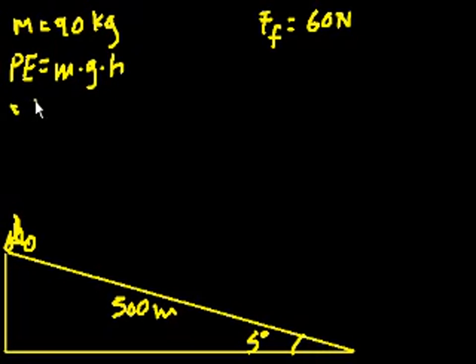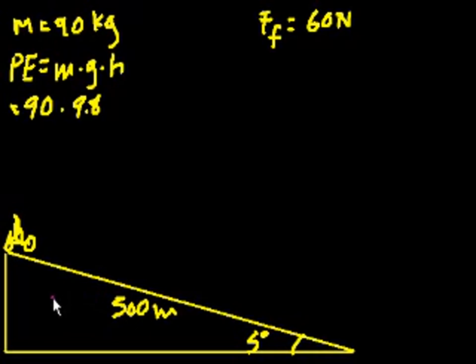Well, that's equal to, the mass is 90. Acceleration of gravity is 9.8 meters per second squared. And then what's the height? Well, here we're going to have to break out a little trigonometry. We need to figure out this side of this triangle, if we consider this whole thing a triangle. We want to figure out the opposite. We know the hypotenuse, and we know this angle here. So the sine of this angle is equal to opposite over hypotenuse.